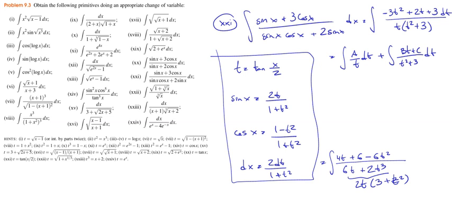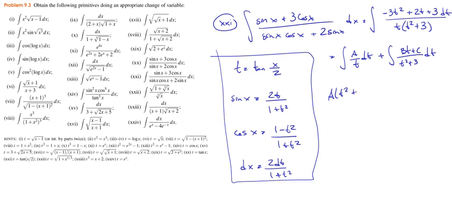So let's see how we do it. Let's see, we have a times t squared plus 3 plus bt squared plus ct is equal to this. Okay, let's call this minus 3t squared plus 2t plus 3. If t equals 0, then we have 3 times a equals 3, so a is 1.